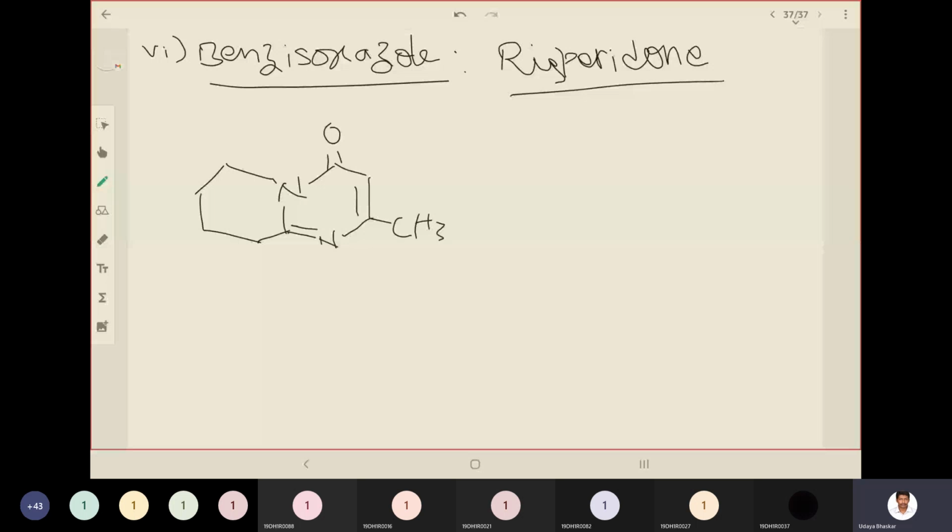This is one part, and it is connected to the other heterocyclic ring through an ethylene bridge, and on the other side you have piperidine again. Here comes isoxazole fused to it.